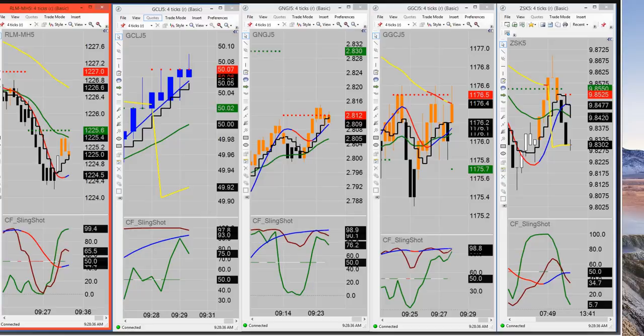Natural gas is loading on the wrong symbol, though. Soybeans, natural gas, GNG K4.